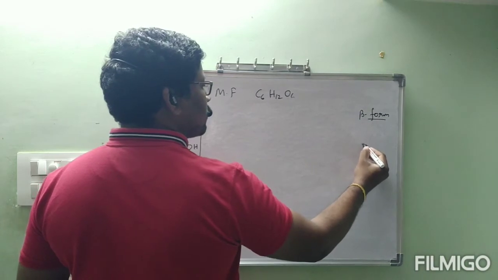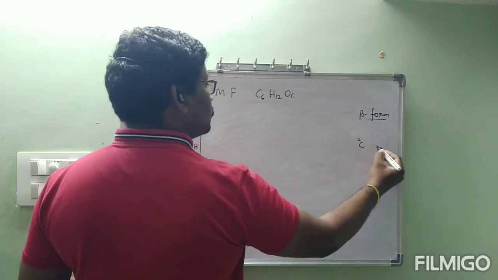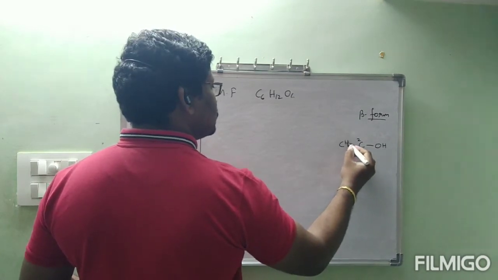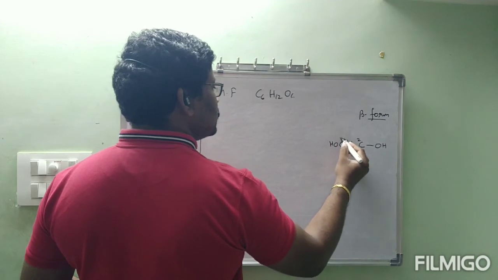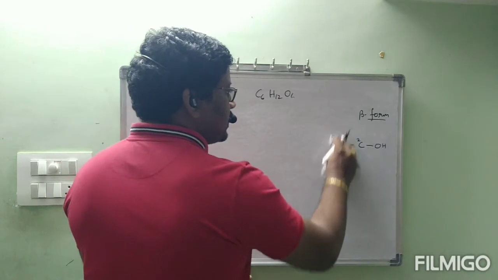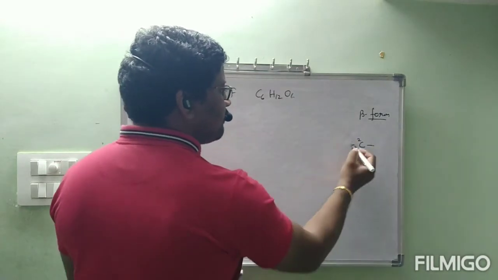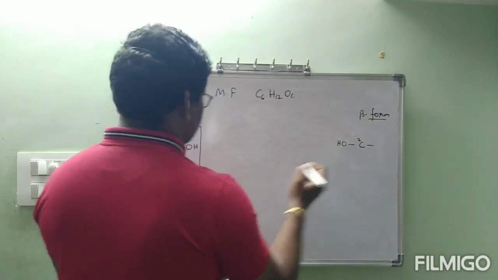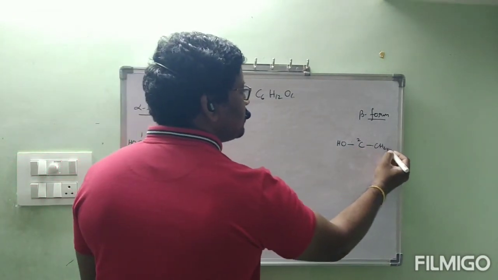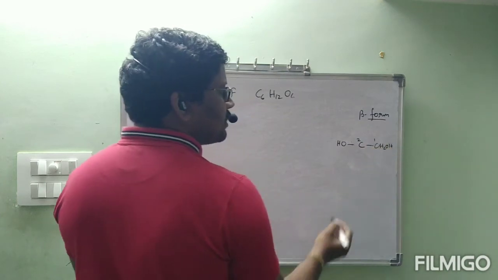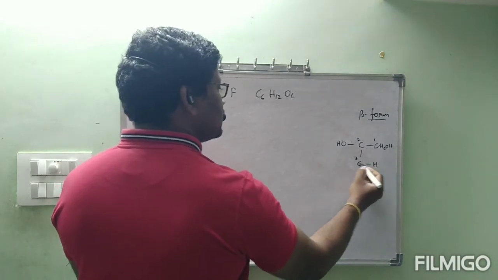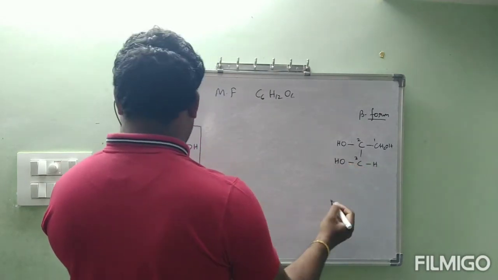Beta form, second carbon, right side CH2OH. This is first carbon. Sorry, mistake. Beta form OH on left side. Here OH on right side, no? Beta form OH on left side, right side CH2OH. First carbon. Next, third carbon. Right side H, left side OH.